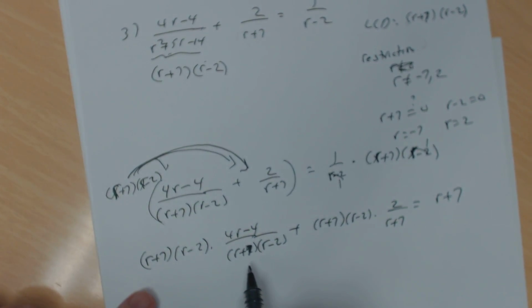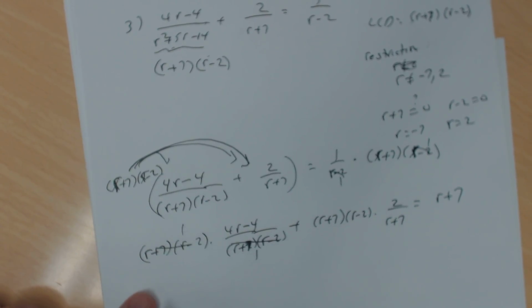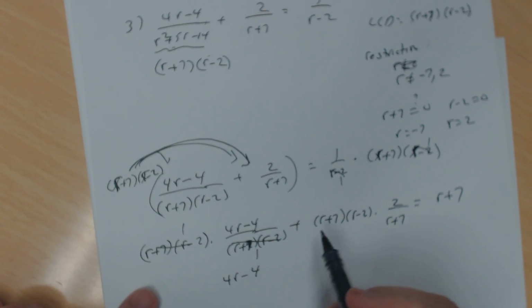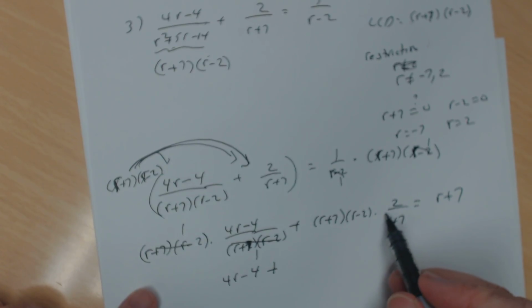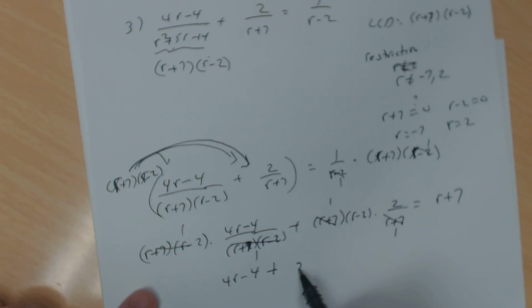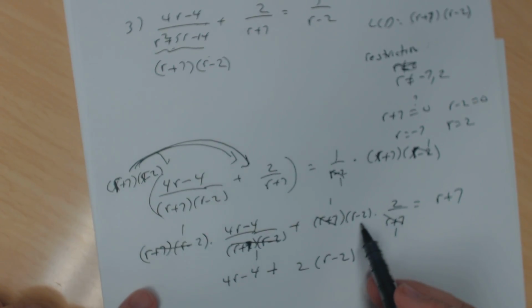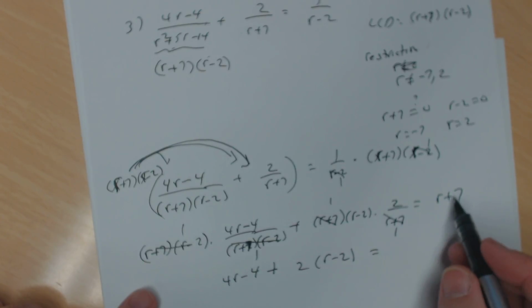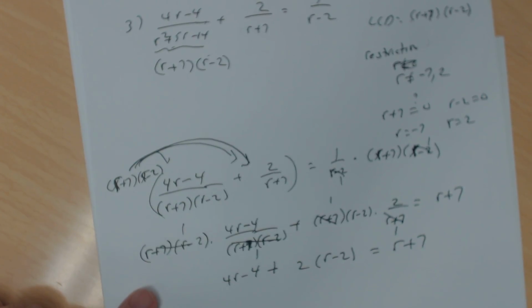Now, over here, notice that both of these divide out with these, and so you're left with 4r minus 4, plus, and then over here, the r plus 7's divide out, and you get 2 times r minus 2. So 2 times r minus 2 equals r plus 7.